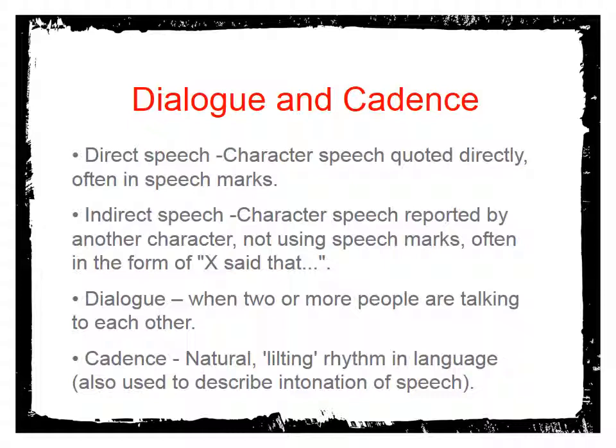That's the cadence of their speech. If they speak slowly with lots of describing words and lovely adjectives and beautiful imagery like trees on a mountain, they're going to have more poetic cadence, a slower rhythm or beat to the way that they speak. So look out for that. It's a good thing to be able to comment on the way characters speak and how they'd sound if they were being read out loud.